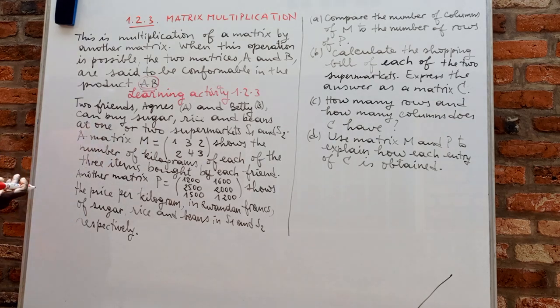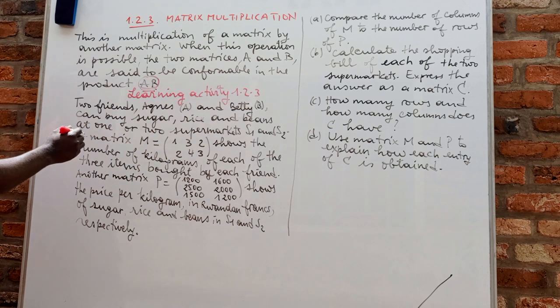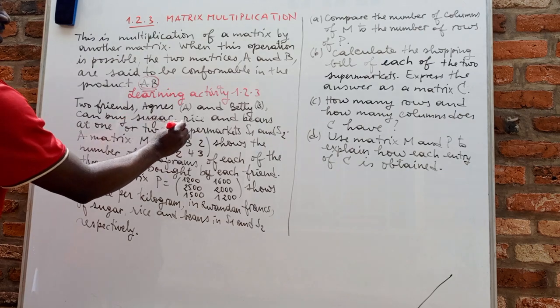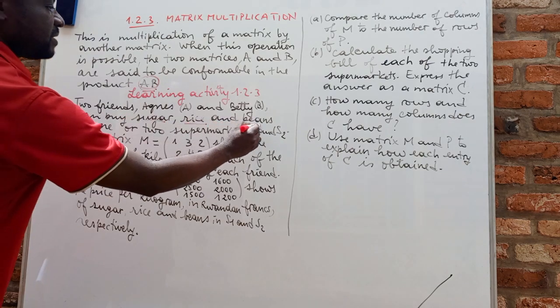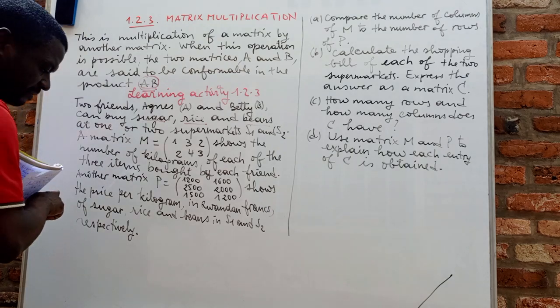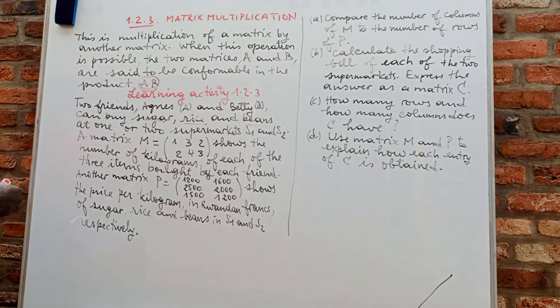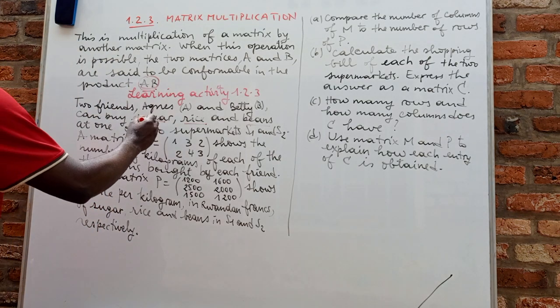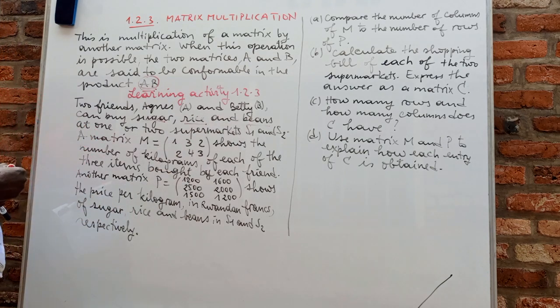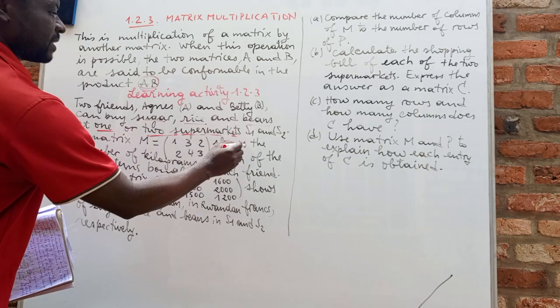So here we have two friends, Agnes, symbolized by A, and Betty, symbolized by B. They can buy sugar, rice, and beans. They can buy these three items at one of two supermarkets.